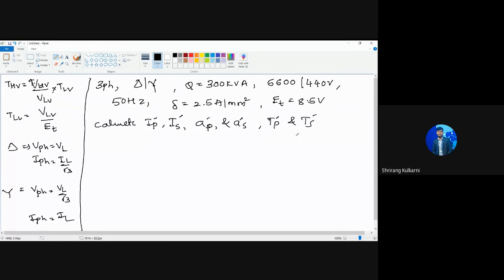These things we have to calculate. How to calculate these things? You have understood this much up to here. Shall I continue? Akshata? Yes, sir, I think this much understood.